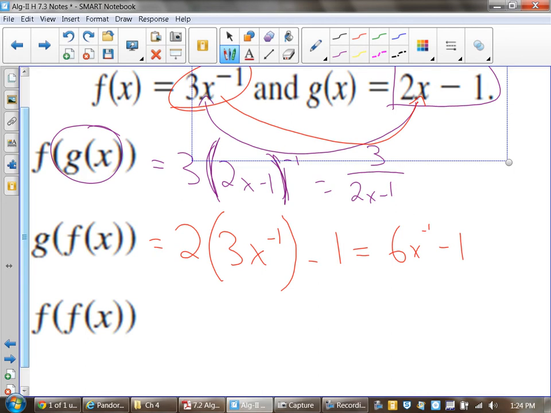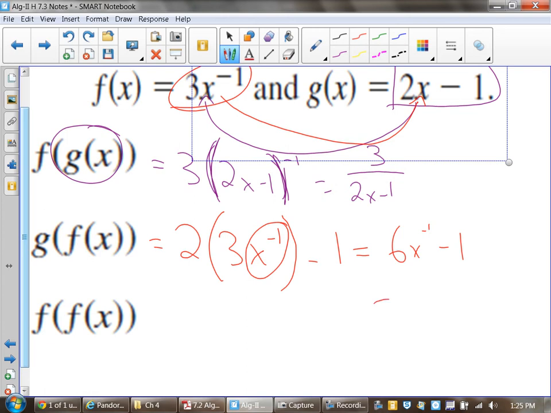Why didn't you just do what you did in the last one? So 2 over 3x minus 1. What has the negative 1 power? Just the x. Watch the parentheses. And that's why I'm glad you guys keep asking that question. You've got to be careful about where the parentheses are. The only thing that has the negative 1 power here, again, is just the x value. So now when I get to this part, what's not happy?